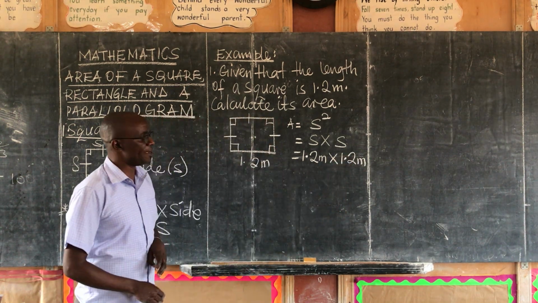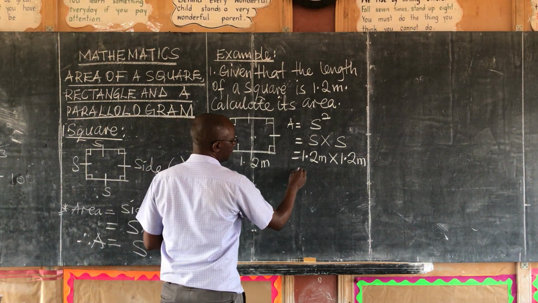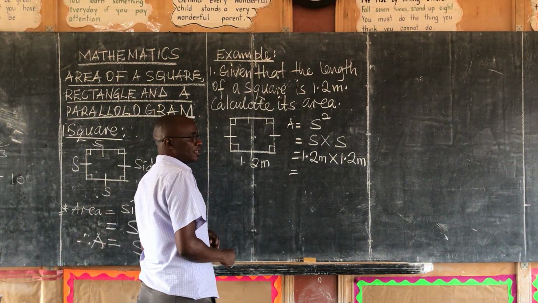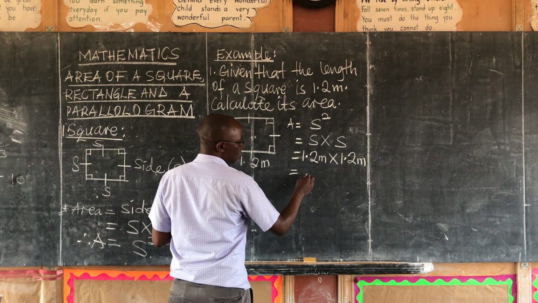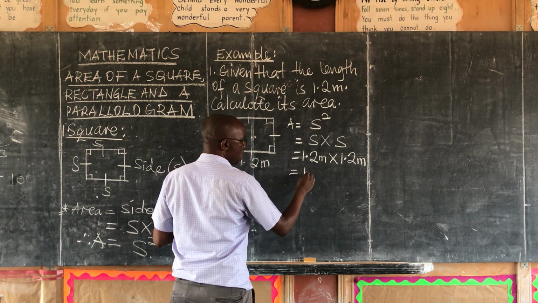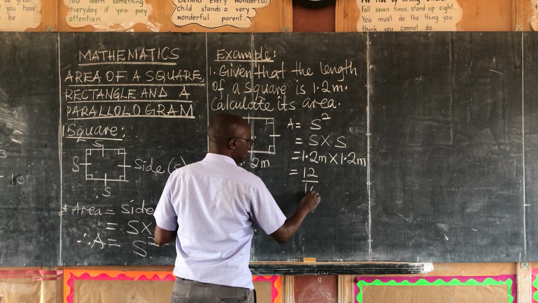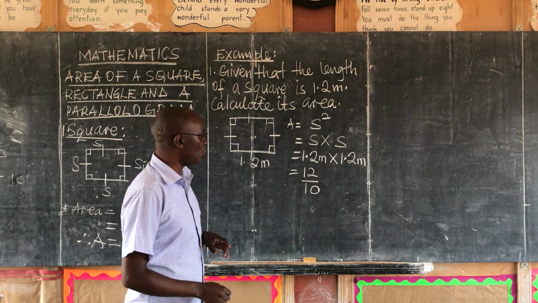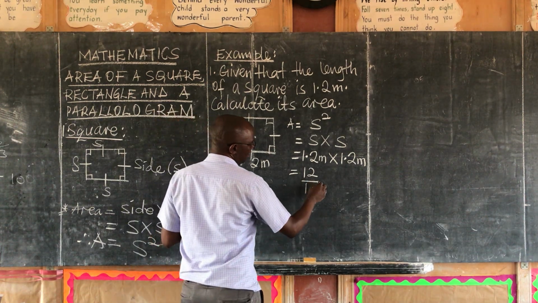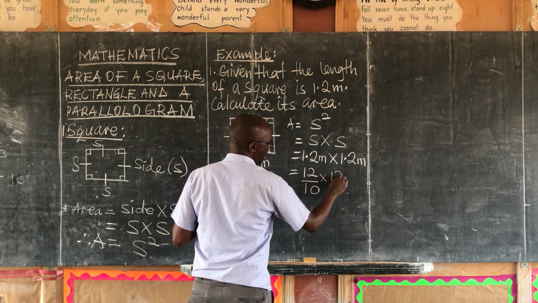This is 12 out of 10 times 12 out of 10. It is easier when you change to common fractions.